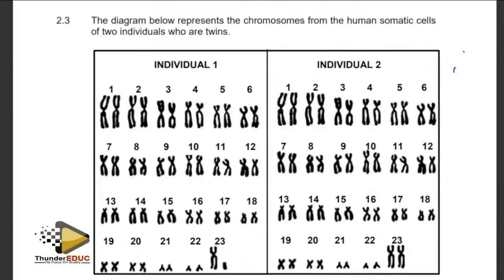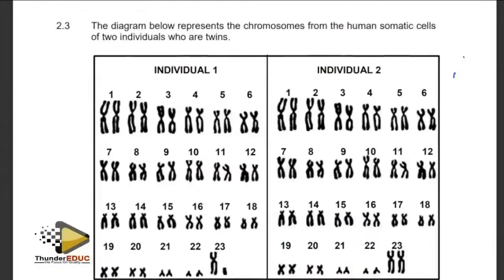You know, technology. What's happening? Okay, let me check and see. 46 or 23 pairs. Don't say 23, because if you just say 23 without writing the word pair, it is wrong. It's made up of 23 pairs of chromosomes.